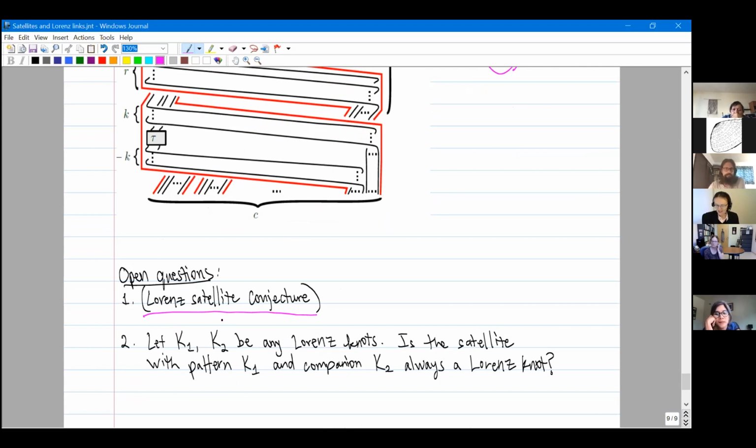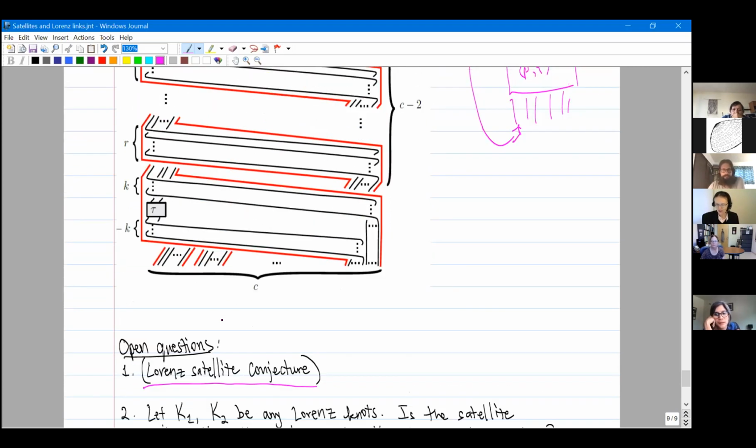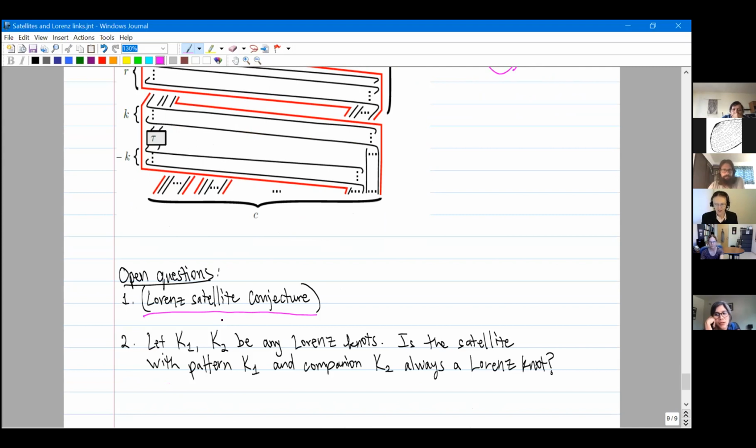Based on this previous construction, it seems that the answer is possibly yes, except we have to twist up our pattern a little bit more in order to fit it inside. And so if you don't allow that twisting, it's not quite clear that we can get everything. But anyway, I will stop there. Thank you.